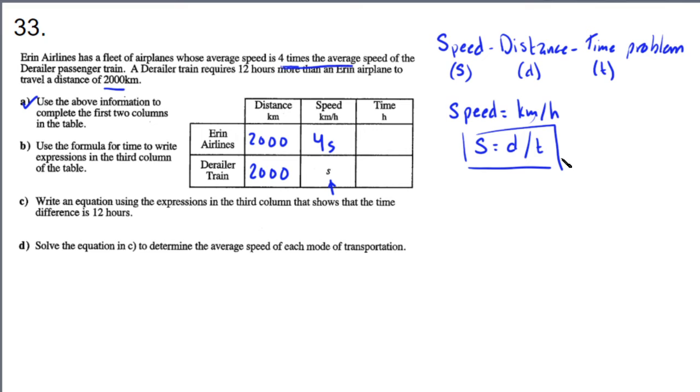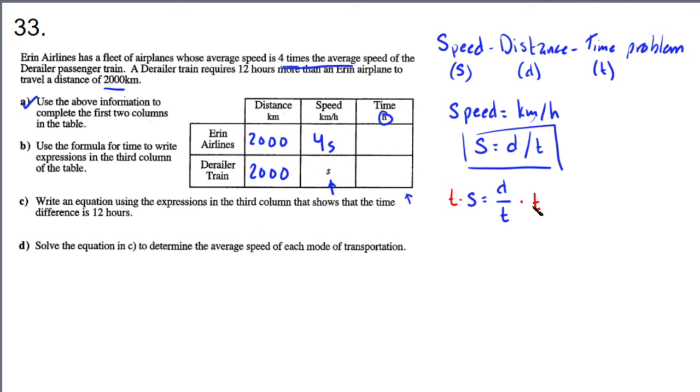Now, what we want to do here is express this in terms of time. So we want to rearrange this formula in such a way that we have t isolated on its own on the left-hand side. So let's first rewrite this like this. Speed equals distance divided by time. Now, the first step here is going to be to multiply both sides by time.